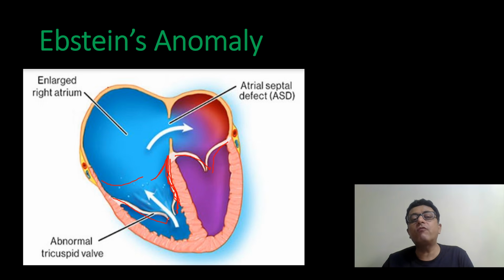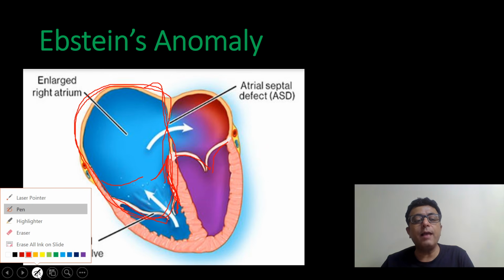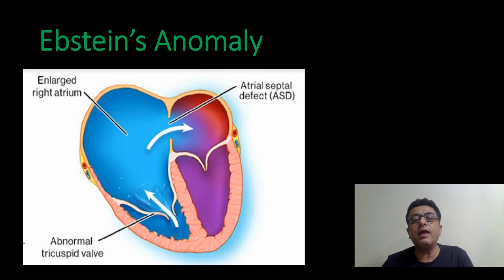So the portion of the right atrium above the tricuspid valve is the RA. So RA is this much, a hugely dilated RA. The RV is very small. So in Epstein, what happened? You can understand what happened in the tricuspid: apical displacement of the tricuspid valve.